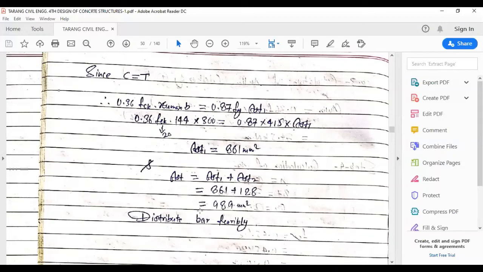So this way you can distribute the bars both in tensile phase and in compression phase as well. It is to be noted that for AST1, which is primary steel under tension, you have to provide thicker bars. For AST2, you have to again provide thicker bars.